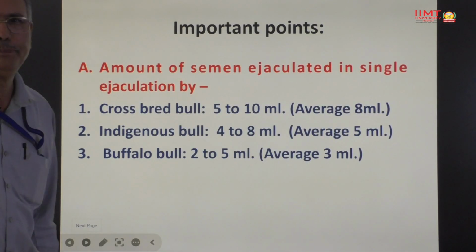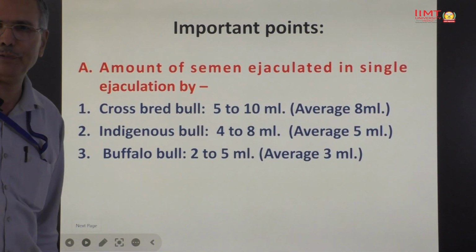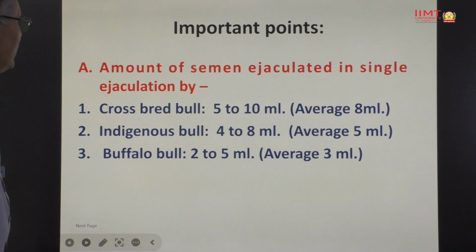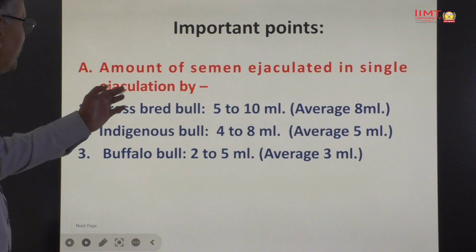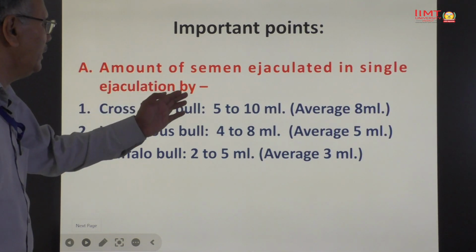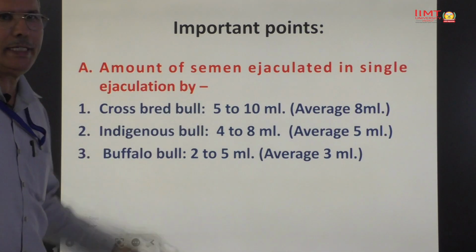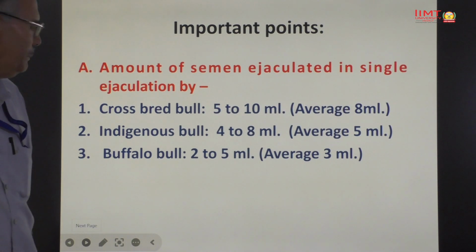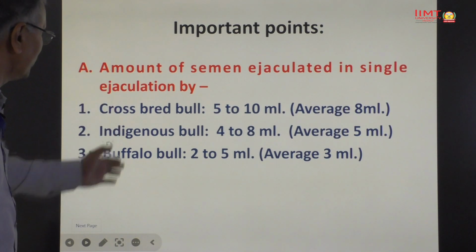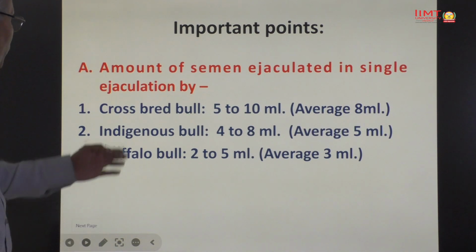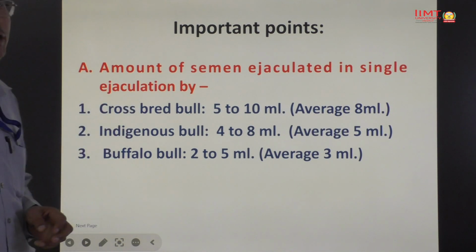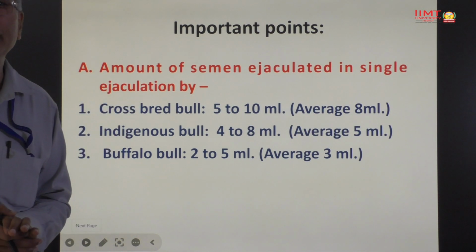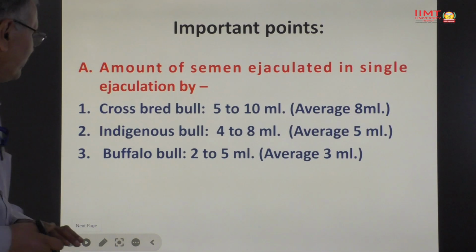Important point regarding artificial insemination. The amount of semen ejaculated in single ejaculation by crossbred bull is 5 to 10 ml or average 8 ml semen per ejaculation. In case of indigenous bull, it is 4 to 8 ml or average 5 ml semen per ejaculation.